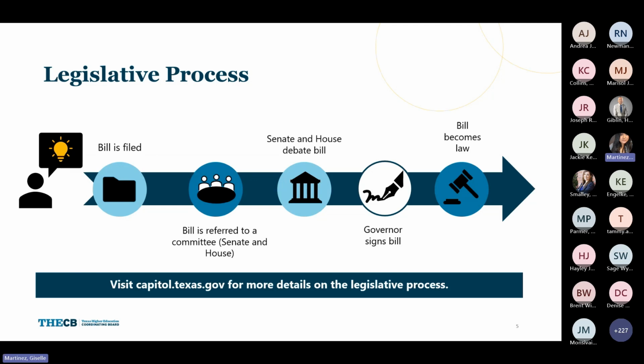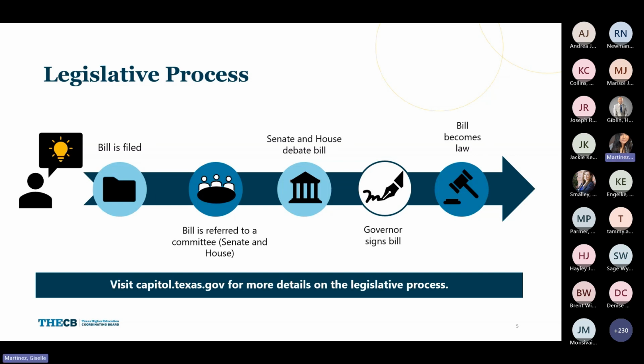Now, the legislative process starts with an idea. This can come directly from a legislator or from various entities outside the legislator. Ideas can also come from the public, a finding in a study that supports a change, and so on. But only a legislator can file a bill.